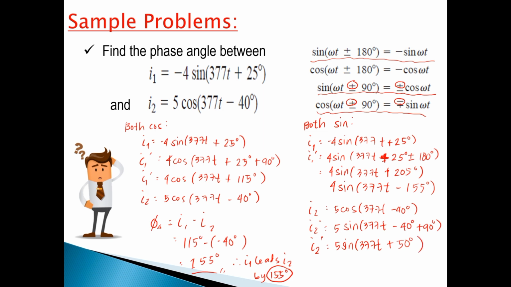Now, since this is positive, we will just consider this one. So our phase difference is I1 minus I2 again: 205 minus 50 degrees, and that is equal to 155 degrees. So, the same answer. I1 leads I2 by 155 degrees.